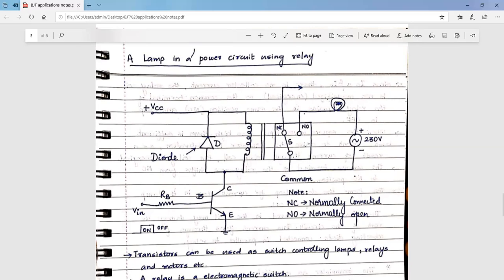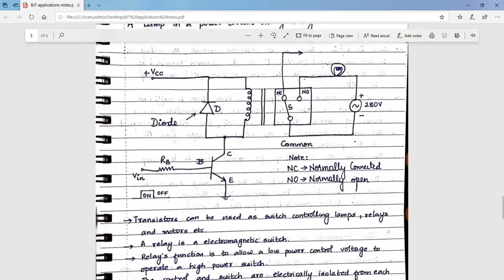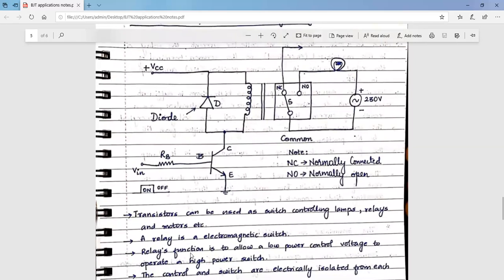Clear? Now, a transistor can be used as a switch controlling the lamps and relays and the motors, etc. Now let us try to understand what a relay is. A relay is an electromagnetic switch, and the relay's function is to allow a low power control voltage to operate a high power switch.